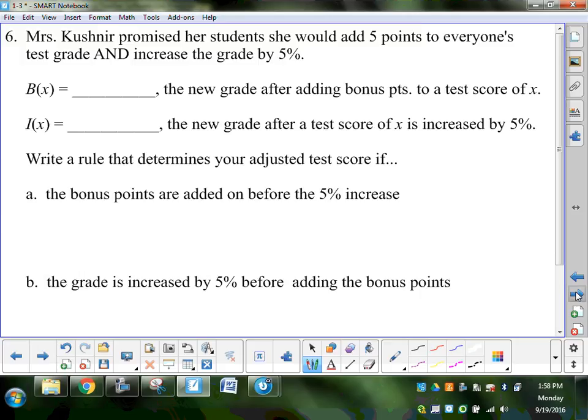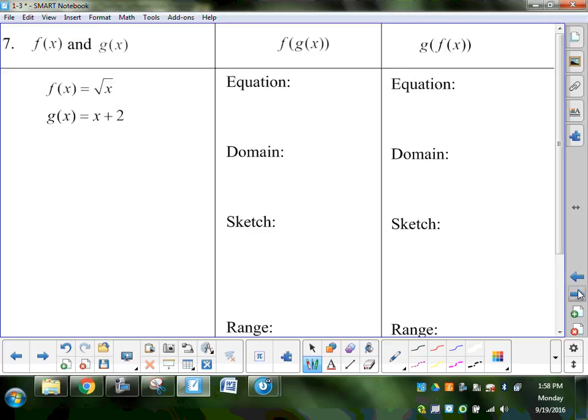Let's go. We'll save this one. Take a look at question 7. We have an h of x and a g of x. We're going to work our way through. Hopefully we can finish. Bounce over, please, to question 7. This is the f of x that the question is referencing. And here's my new g of x. Looking at what's there, the first thing I'm going to do is take f of g of x.